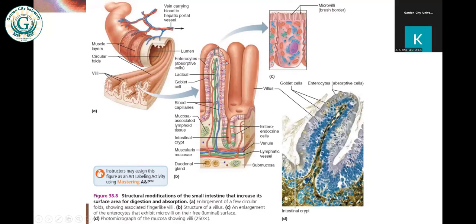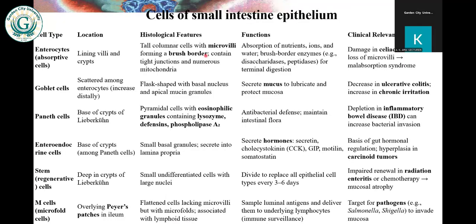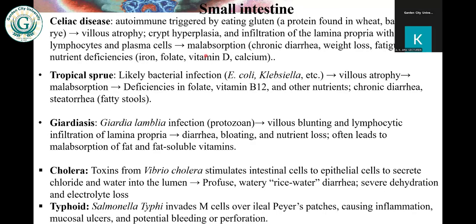The villi, singular villus, will have microvilli. One of the cells you have here is what we refer to as enterocytes. You see that they are labeling them. These are the ones that bear the microvilli. So there's autoimmune destruction of these enterocytes, which leads to loss of these microvilli, and that will lead to malabsorption.